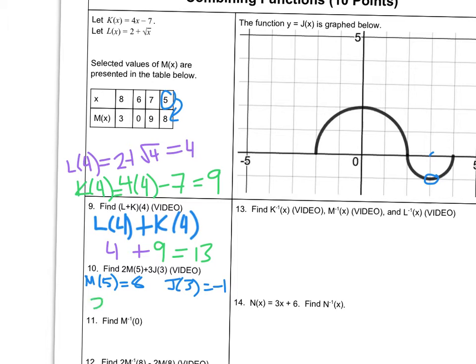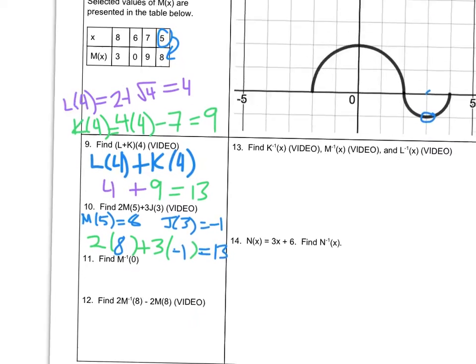So we've got to do 2 times m of 5, which was 8, and then plus 3 times j of 3, which was negative 1. 16 minus 3 is going to be 13. 2 13s in a row, that's weird.